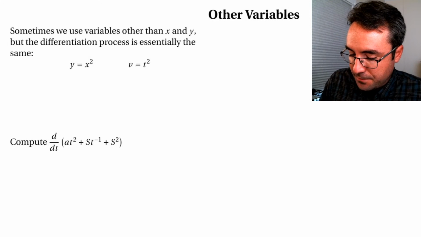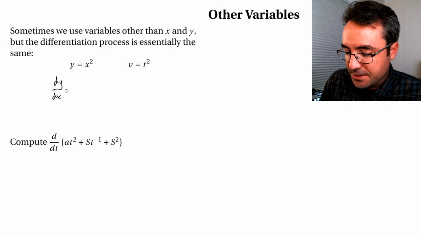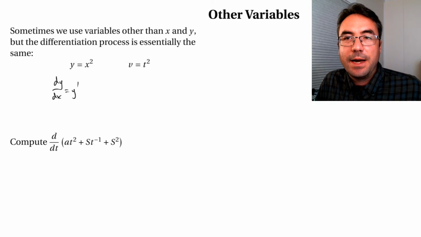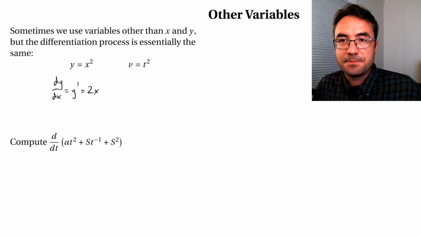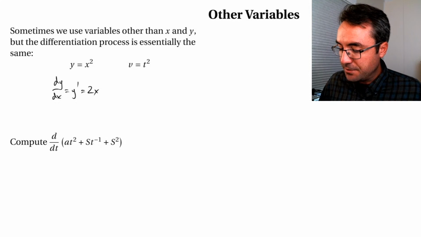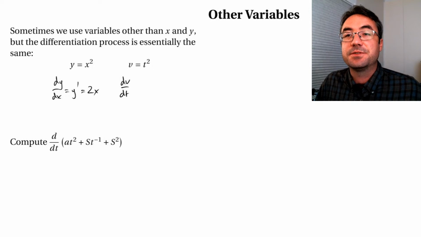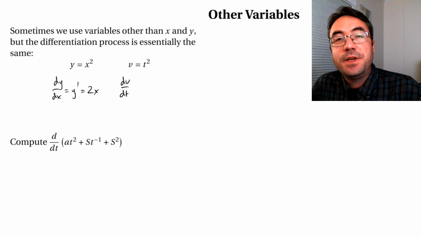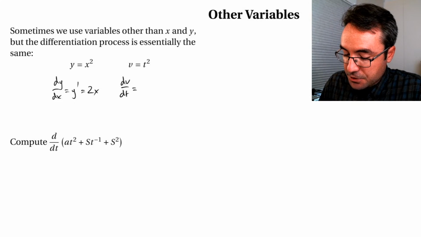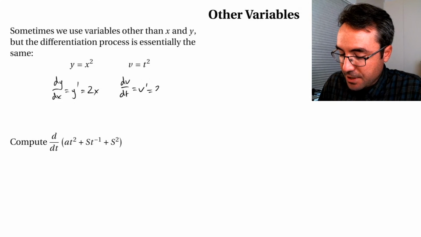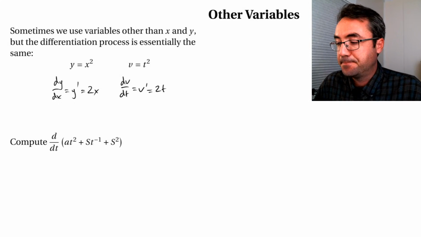For instance, if we were going to calculate the derivative of y with respect to x, we might also just call that y prime. Power rule tells us that derivative is 2x. If we were using different variables, same thing, just different variables. So derivative of v with respect to t, we would write as dv dt. We might also just write it as v prime, and it's the same power rule. So 2 times t.